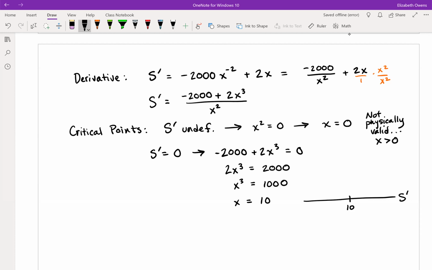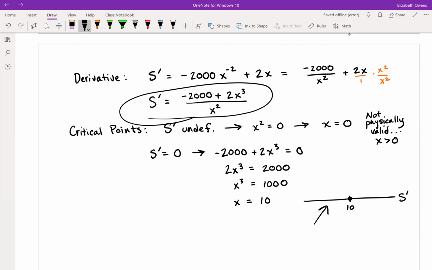There's 10. And test either side of that, with any number that is less than 10. Plugging it into the first derivative expression there.